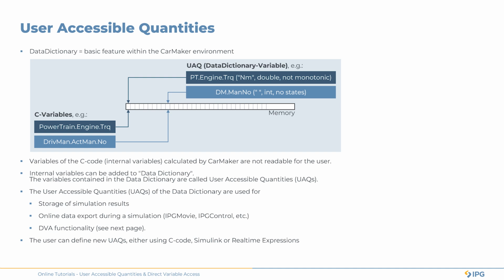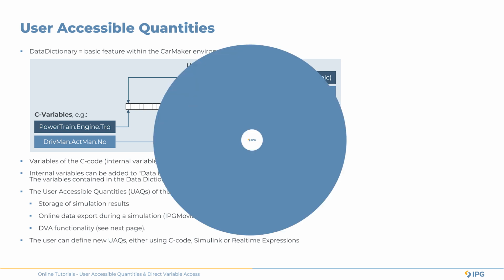I will explain this function later. Except for the already defined UAQs in CarMaker, we could also use C-code symlink or real-time expressions to define new UAQs. The question is, where can we find the name of our quantities and how to use them?